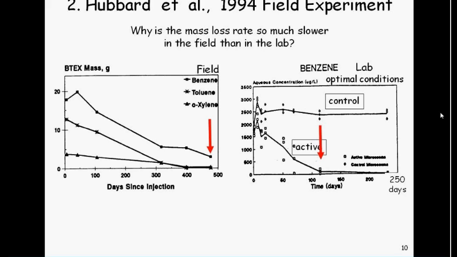Anoxia. Yeah, the anoxia. As the plume travels along, the BTX uses the oxygen before the BTX is removed, and we're left with an anaerobic plume. In the lab, we added oxygen and kept things equilibrated and shaken, so oxygen was always available.